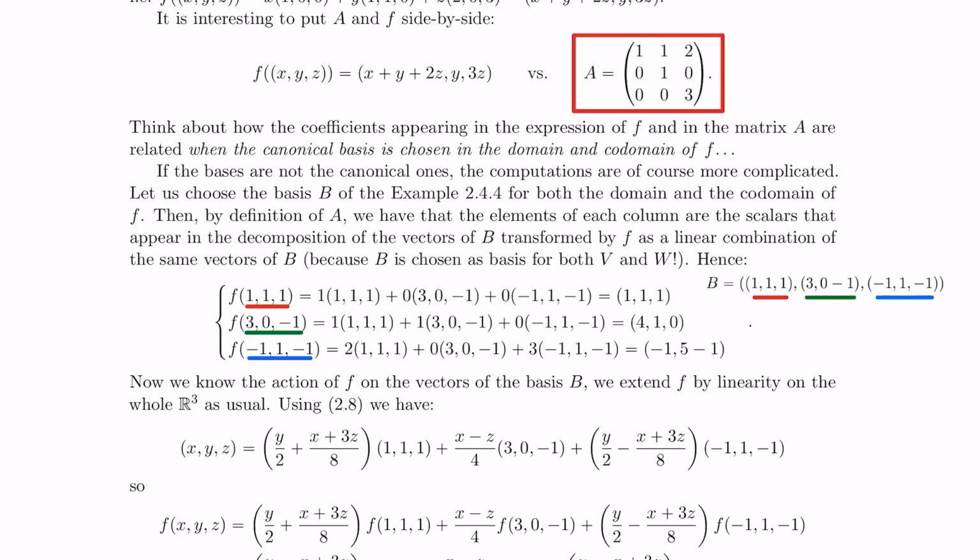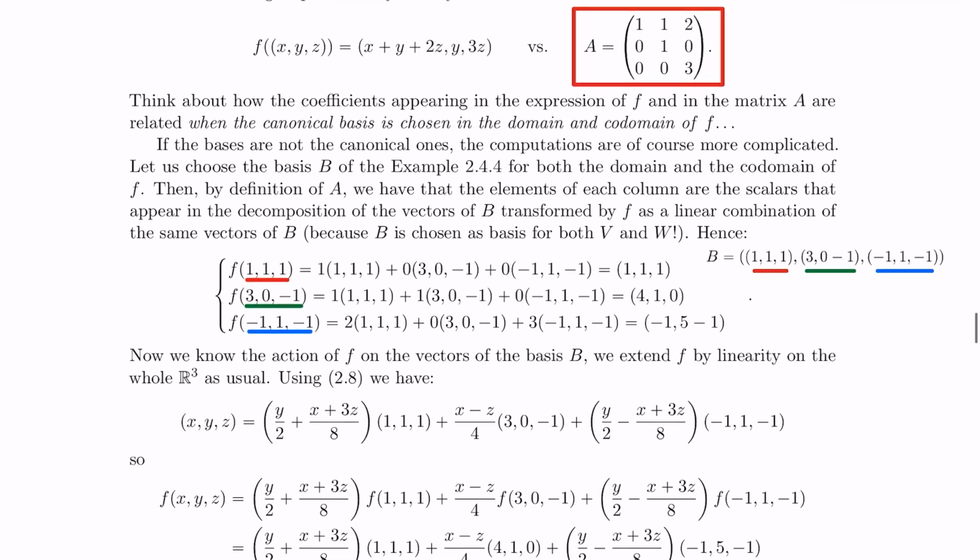The first thing to do is to express the generic vector (x, y, z) as a linear combination of the basis vectors of B, which, however, is something that we have already done in this formula here. So we can avoid repeating the computation and we find this expression.